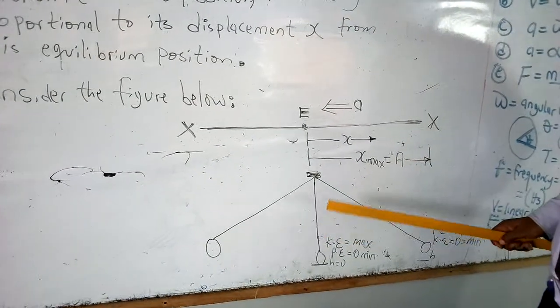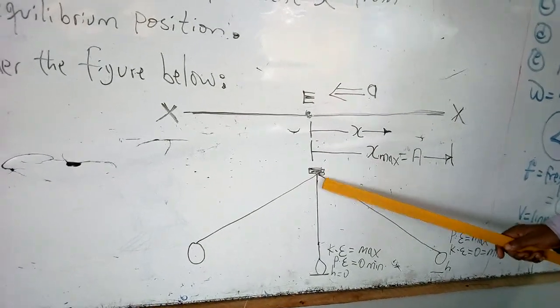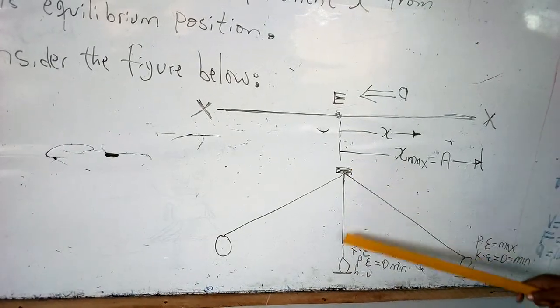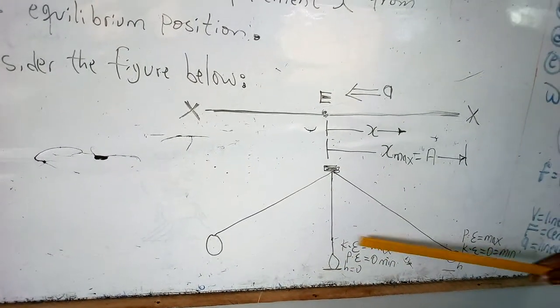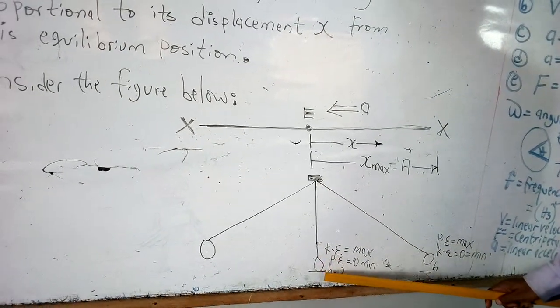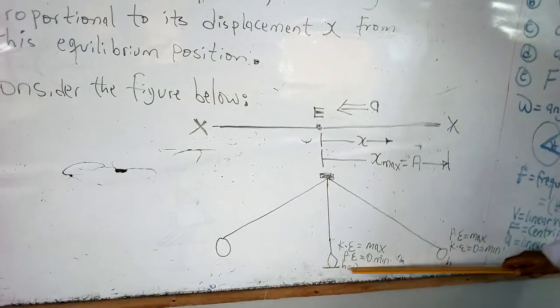Now, we can make reference to the simple pendulum bob oscillation. If you look at this pendulum bob at rest position here, when it is shifted to an extreme end, it has been displaced. In the equilibrium position that it was before, the height to the reference point is 0.